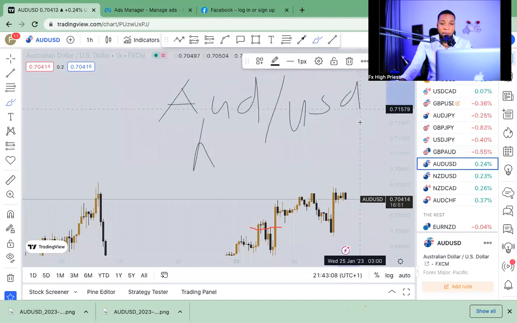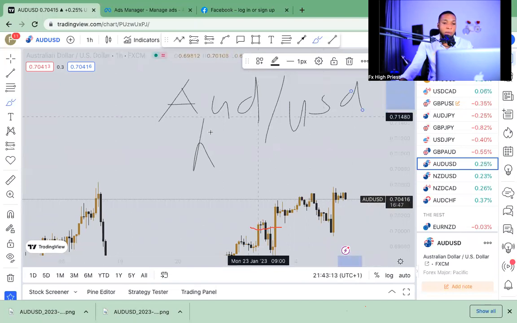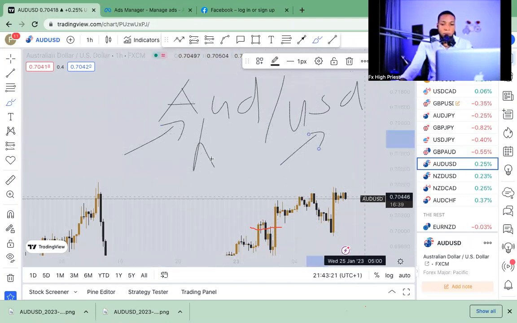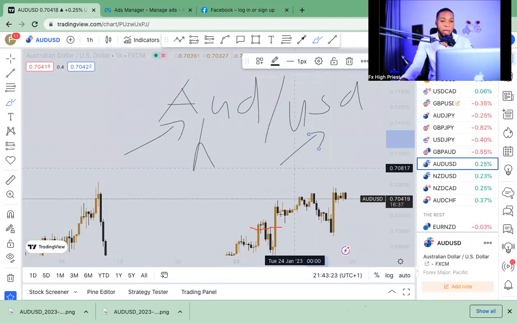USD on this chart. Now, the base currency, which is the currency on the left, AUD in this case, its worth is seen right here.